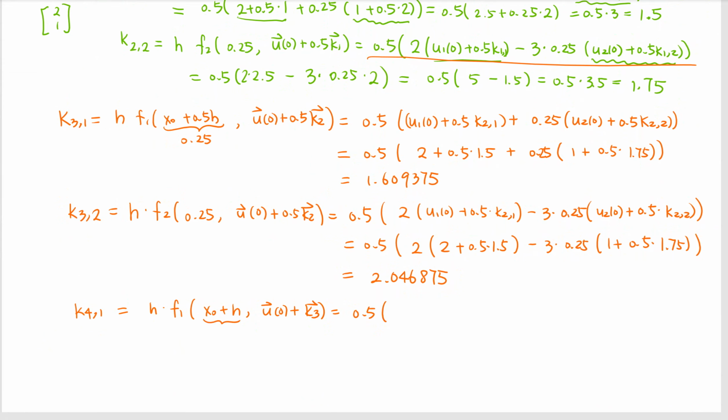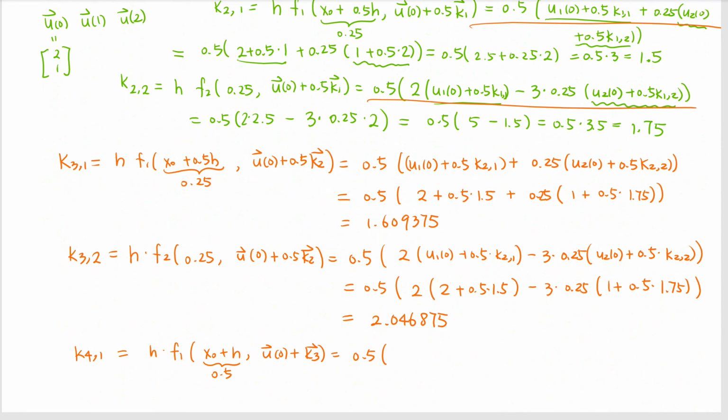Okay, what is this number? So x0 is 0. Okay, so h is 0.5, so this guy is just 0.5. And then this one is u1 of 0 plus k31. And then the x is 0.5. And then u2 of 0 plus... so I'm looking at this guy, okay?